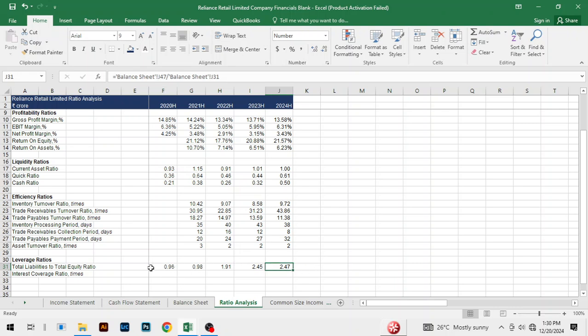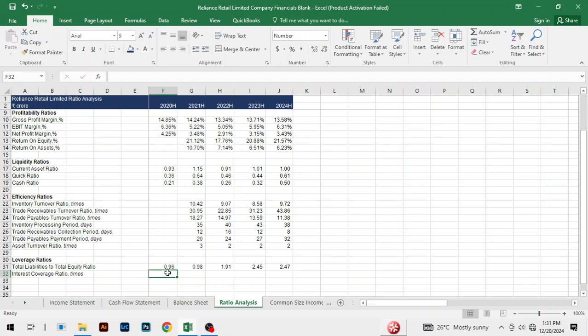But now, as you are seeing, the company has been taking on more debt, because you can see the ratio is increasing. Like in 2022, the company had $0.91 in debt per each dollar of equity, and in 2024 the company had $2.47 per each dollar of equity. And then we move on to compute the interest coverage ratio.